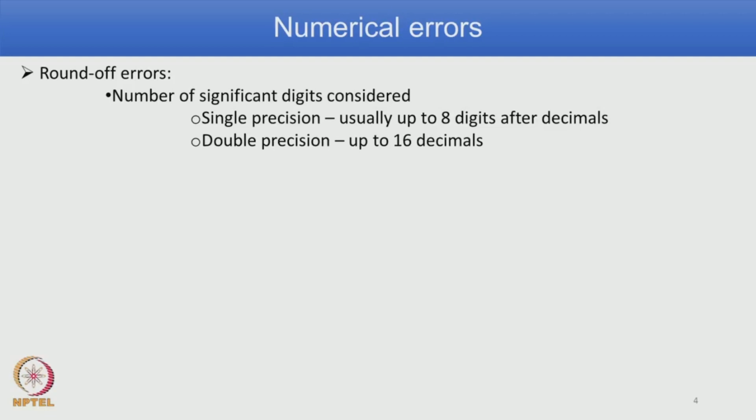solution. So, there is something called single precision. In this we usually consider 8 digits after the decimal. If someone decides to have higher accuracy, then you go for double precision, where we consider 16 digits after the decimal.